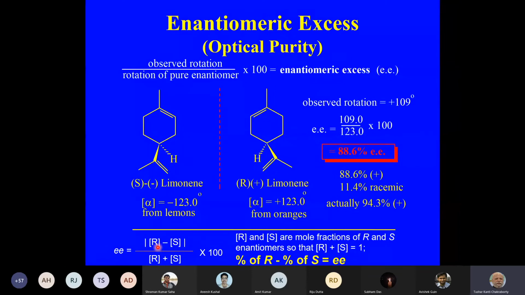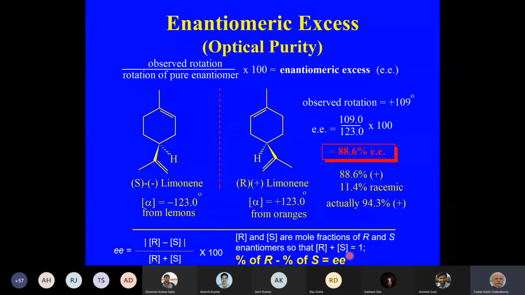The other way of determining it: if you know the concentration of R and the concentration of S, then the concentration of R minus S divided by R plus S gives the enantiomeric excess. A simple way: suppose in an experiment or in a sample you have 90% R and 10% S, the enantiomeric excess of that sample will be 90 minus 10, so that is 80%.